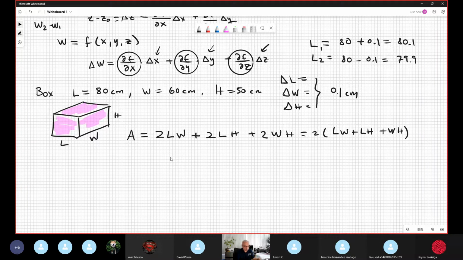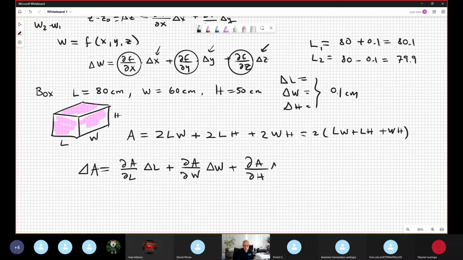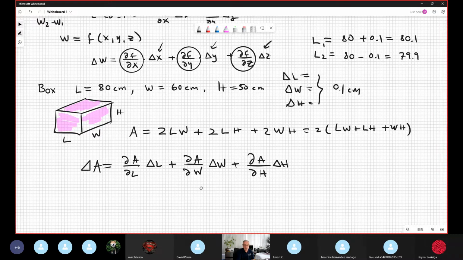However, using calculus, we can do it with the total differential. So the error of the area is equal to the partial derivative of the area with respect to L multiplied by delta L, plus the partial derivative of A with respect to W times the error of W, plus the partial derivative of the area with respect to H times delta H. Okay, let's compute the partial derivatives one by one.